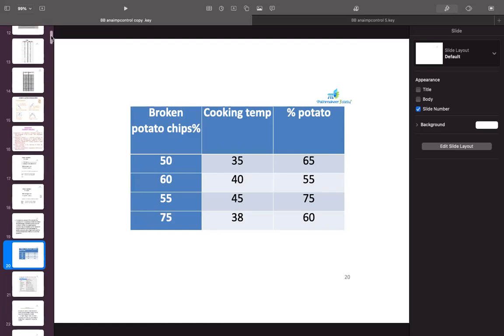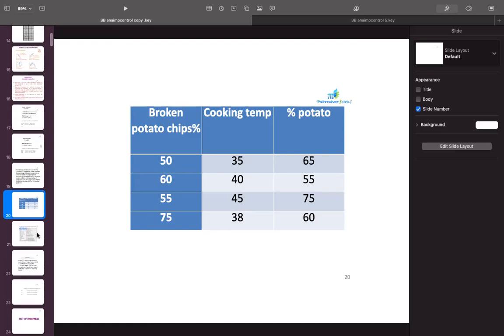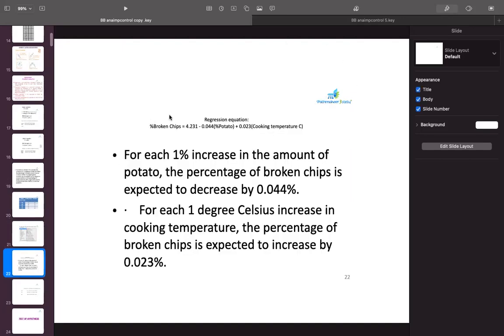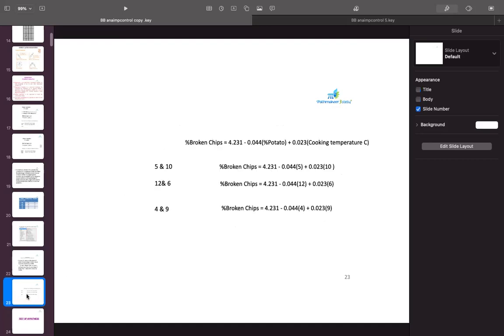When you take all these data and you do a regression analysis, you're getting an equation, and that equation is this: broken chips is equal to 4.231 minus 0.044 into percentage of potato plus 0.023 into cooking temperature. Now what we have done in that, we have applied three combinations in this formula and we are getting the results.